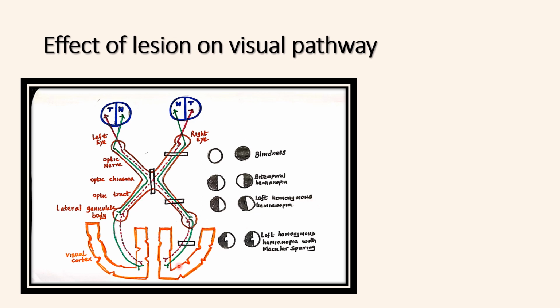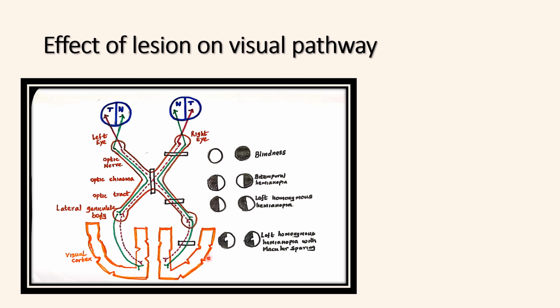The lesion of the optic radiation produces the same thing. It produces a left homonymous hemianopia with macular sparing. The central area is not affected because the macula has a higher cortical representation.